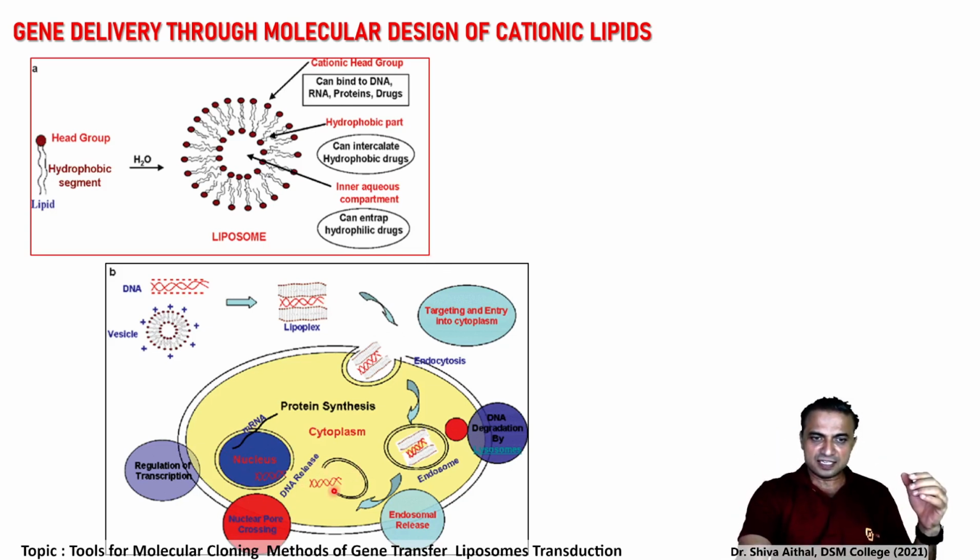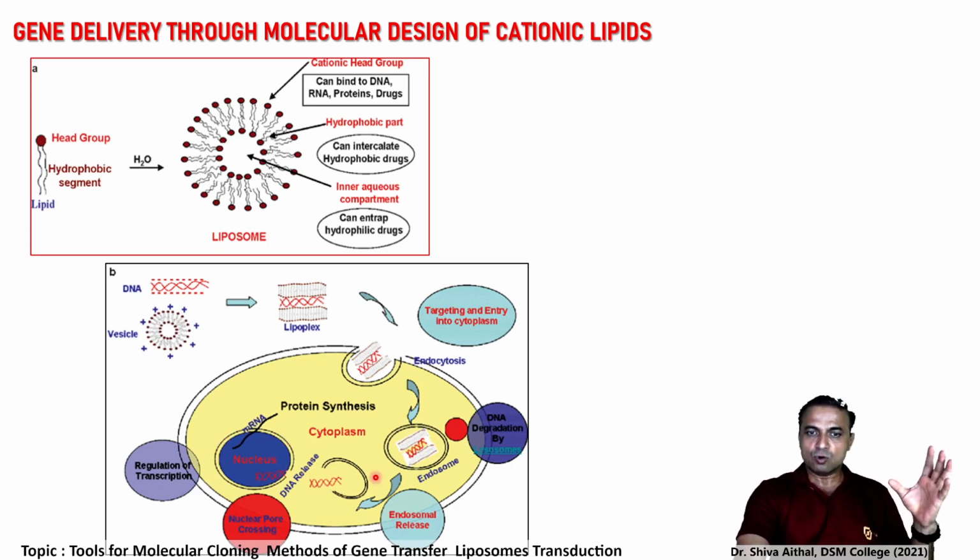So this DNA is released and it enters into the nuclear pore, and inside the nucleus there is transcription and translation, that is mRNA synthesis and protein synthesis takes place, regulation takes place, and the desired proteins will be expressed. Now this happens when the DNA is able to cross the nuclear pore.